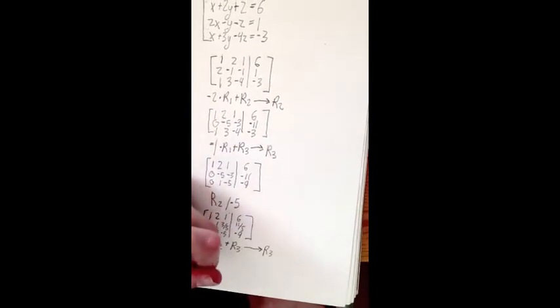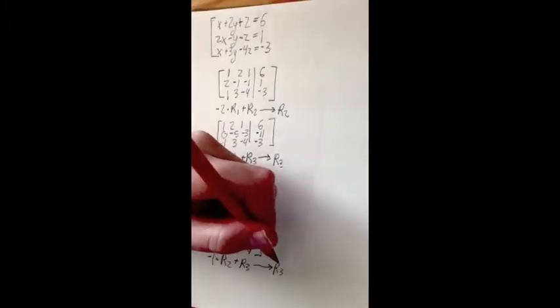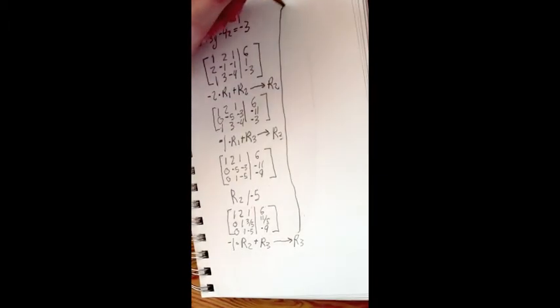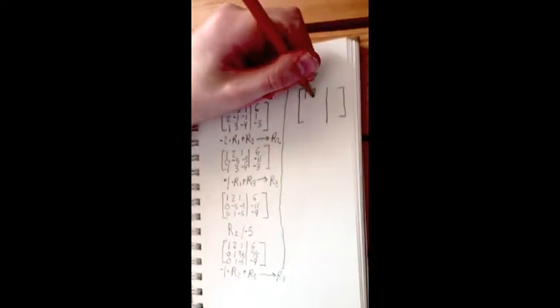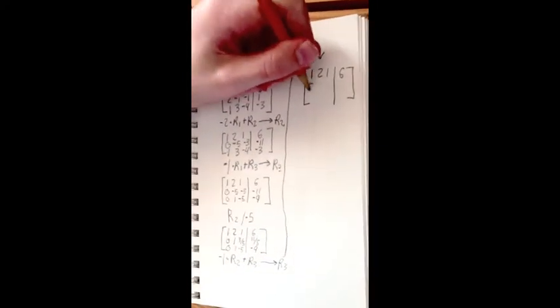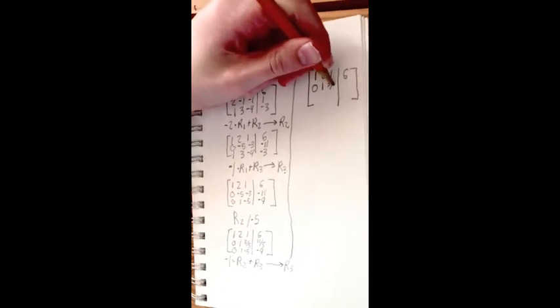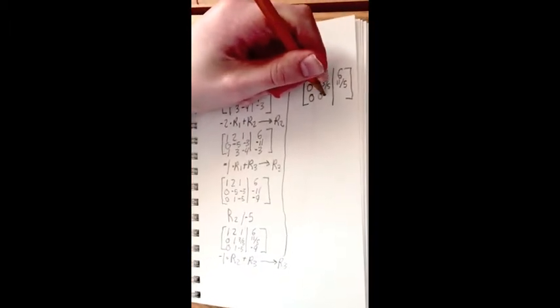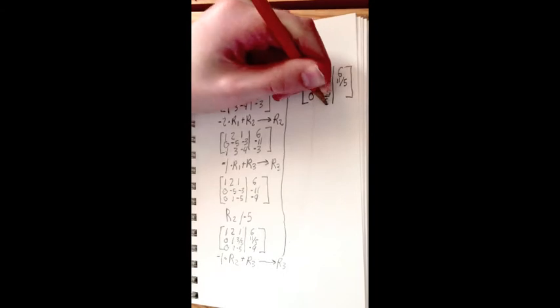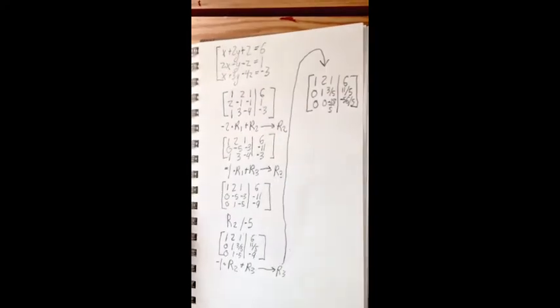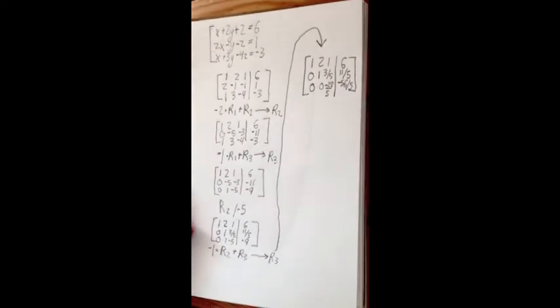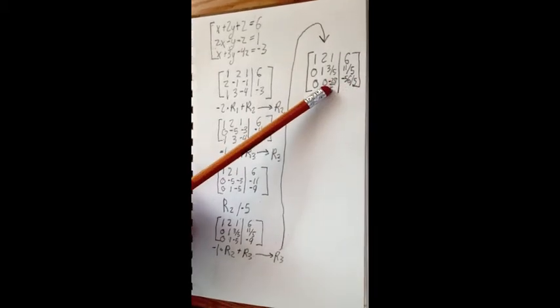And so our new matrix is going to be 1, 2, 1, 6, 0, 1, 3/5, and 11/5, 0, 0, -28/5, and -56/5. Now, we're also going to need to get this value down to 0.